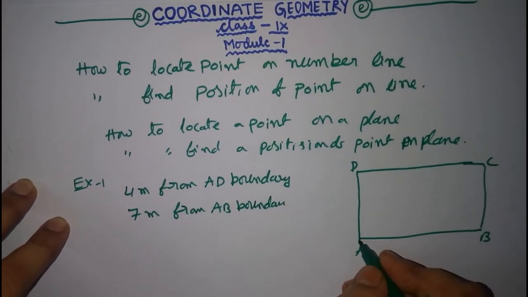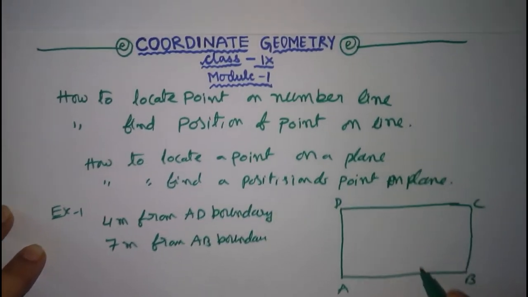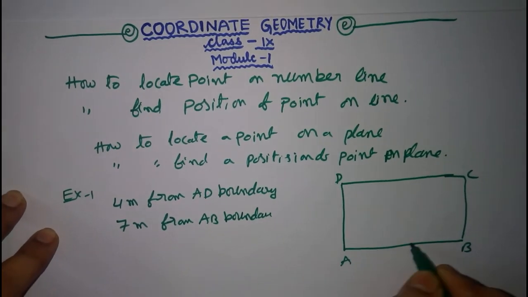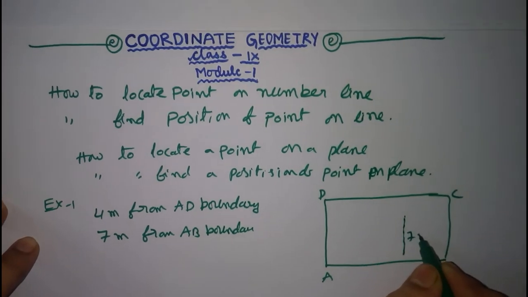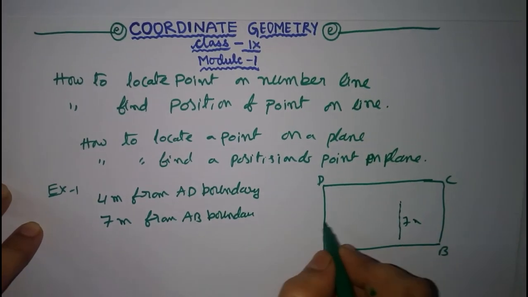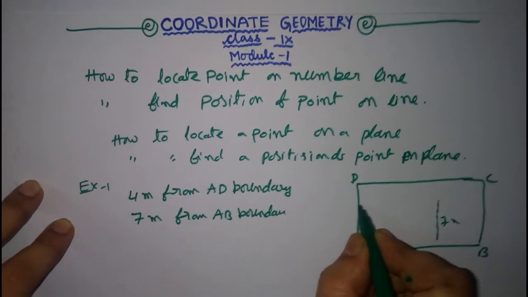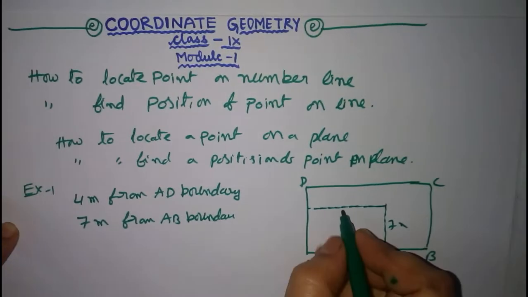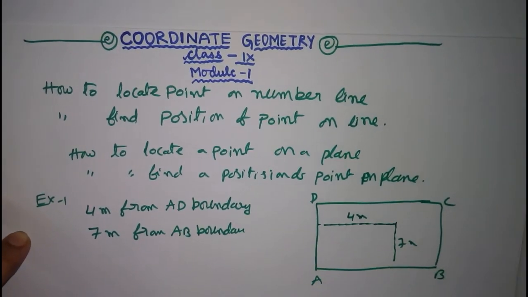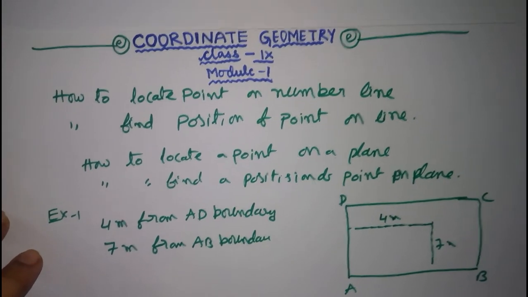Suppose it is 7 meters from AB and 4 meters from the AD boundary.